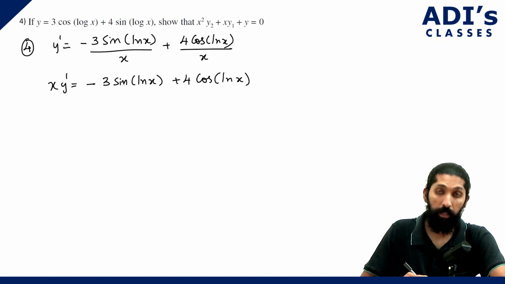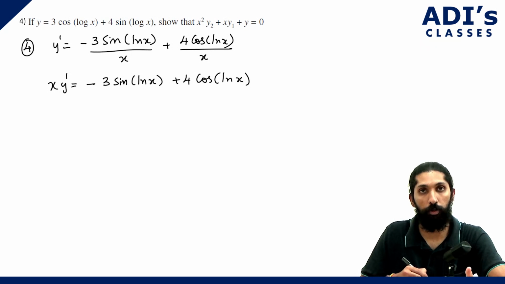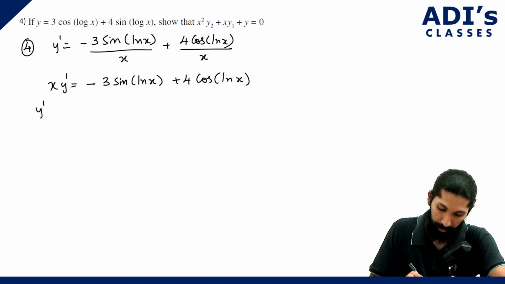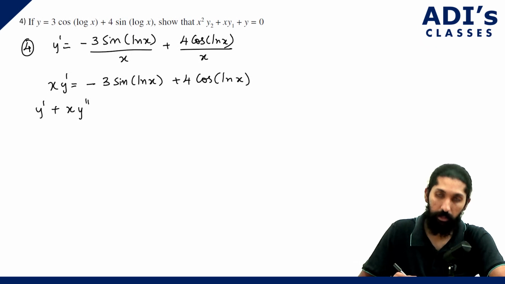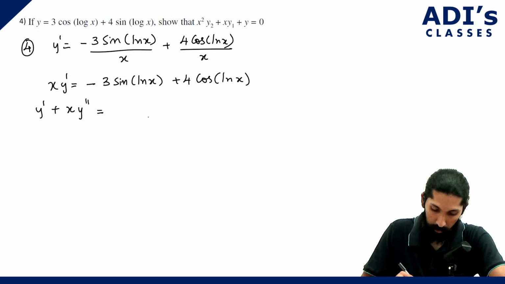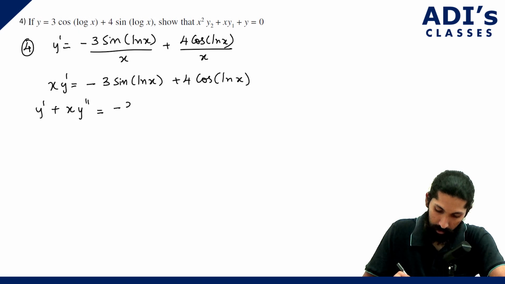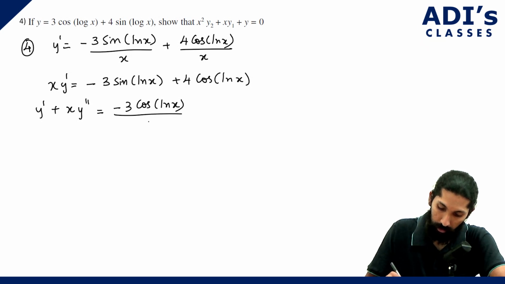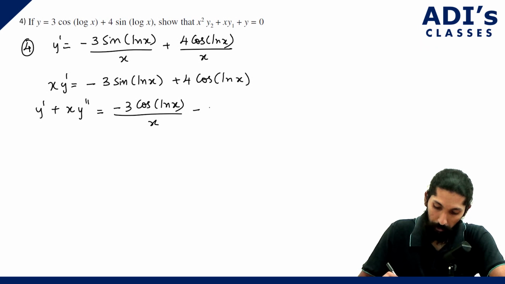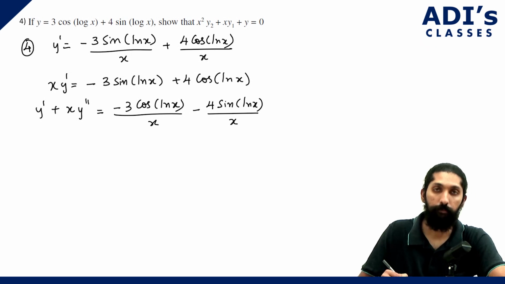So if you differentiate LHS, we have to apply the product rule, which will become y dash plus x into y double dash. Correct? This will be what? Minus 3 cos of log x divided by x minus 4 sine of log x divided by x.